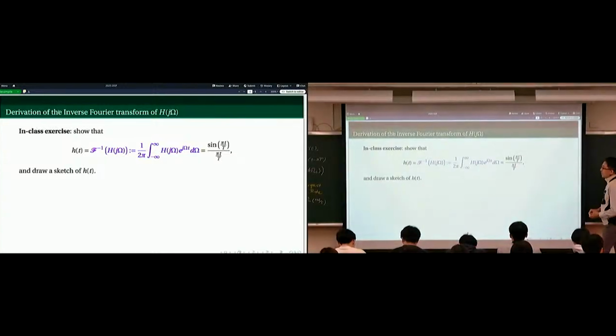Here in the middle, I use a bluish color to indicate a mathematical formula that we introduce for the first time. You can also find it in the textbook for sure, but here I want to introduce that the inverse Fourier transform can be calculated this way. Here we have the desired response, and we need to go to the time domain.